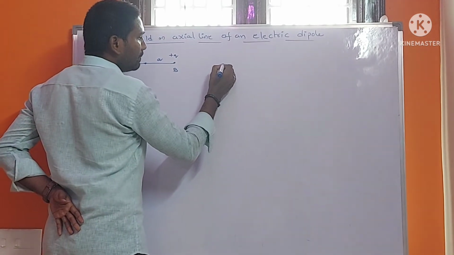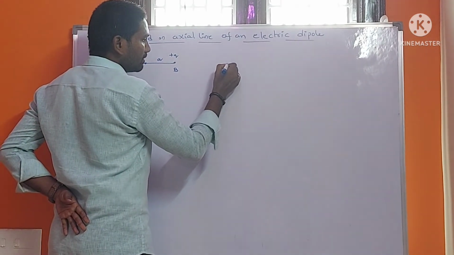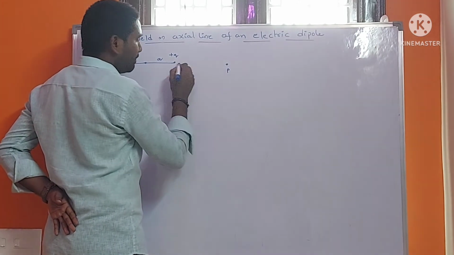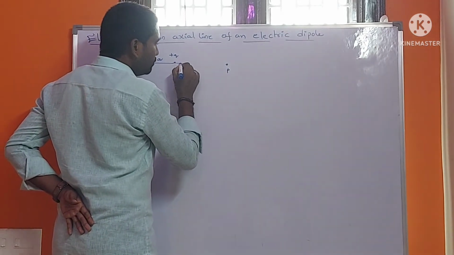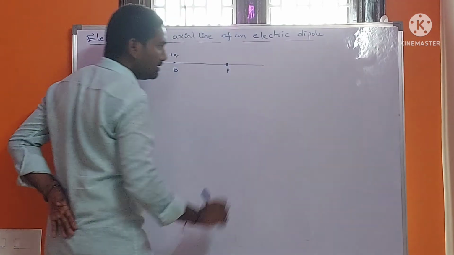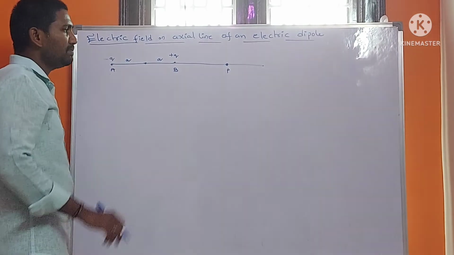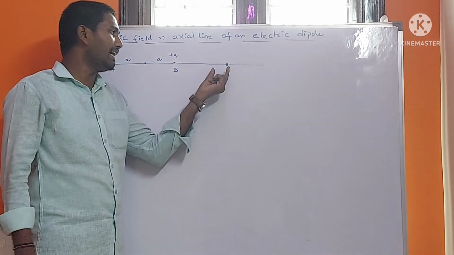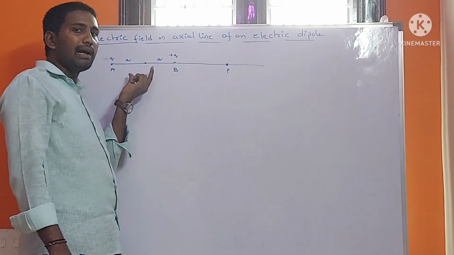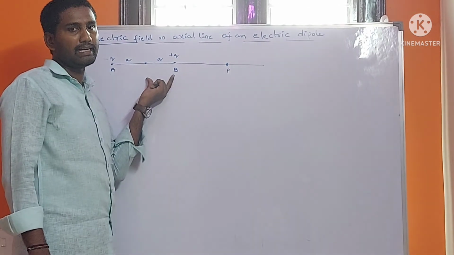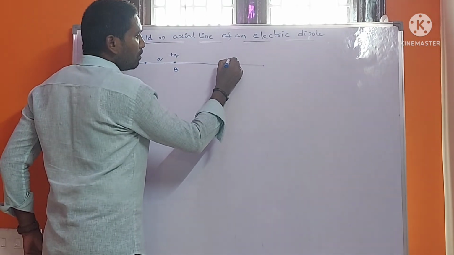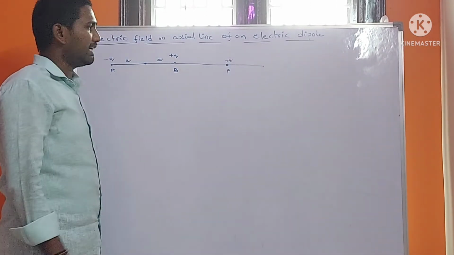Let us consider a point P on the line joining those two charges, to find the electric field intensity at point P. This means we find the electric field intensity at the point by using the electric dipole on the axial line. Now, for example, take a positive test charge.